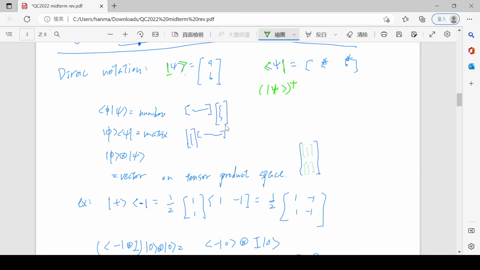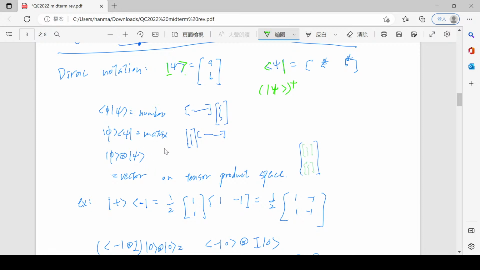And you can also do this ket multiplied by a bra. Then it's like an outer product, so this actually gives you a matrix as a result.